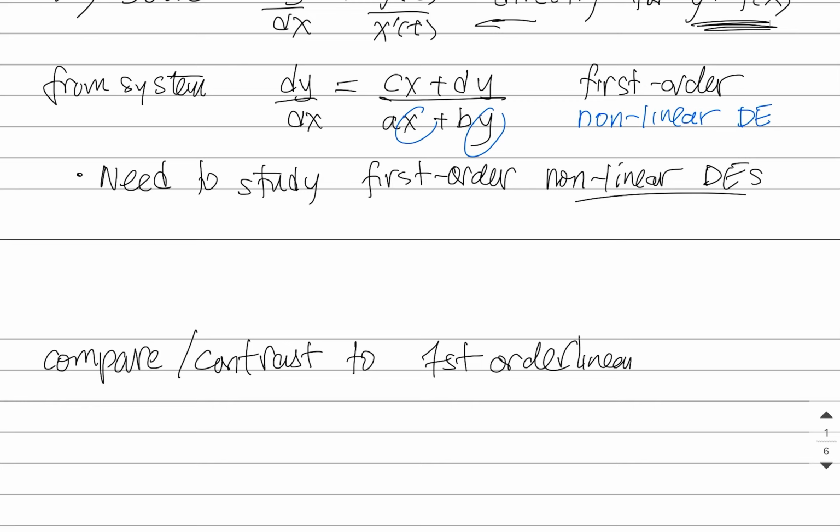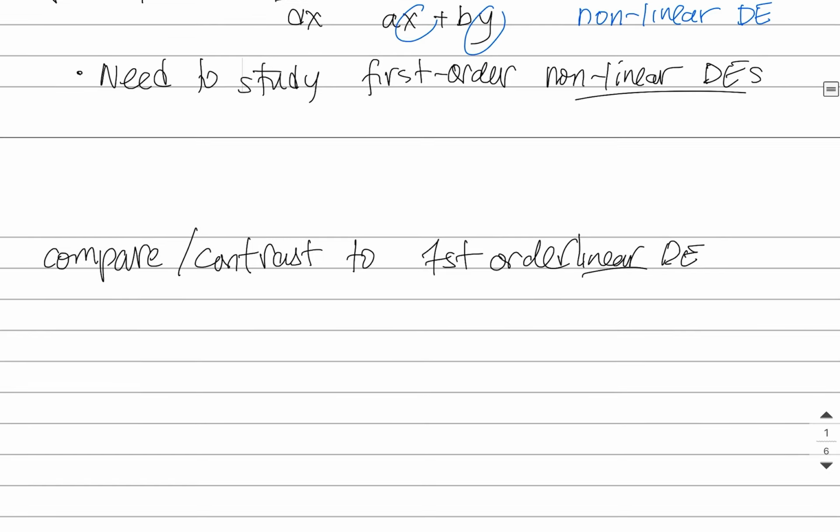linear DE. Now, you may or may not remember that a first order linear DE was something of this form. We had y prime was equal to negative p of t y plus some g of t here. This was the most general that a first order linear equation could be.